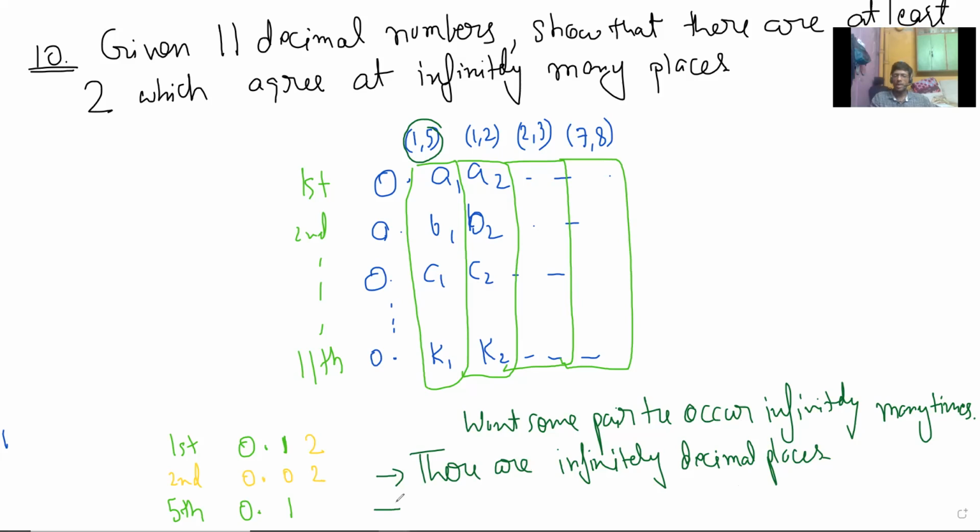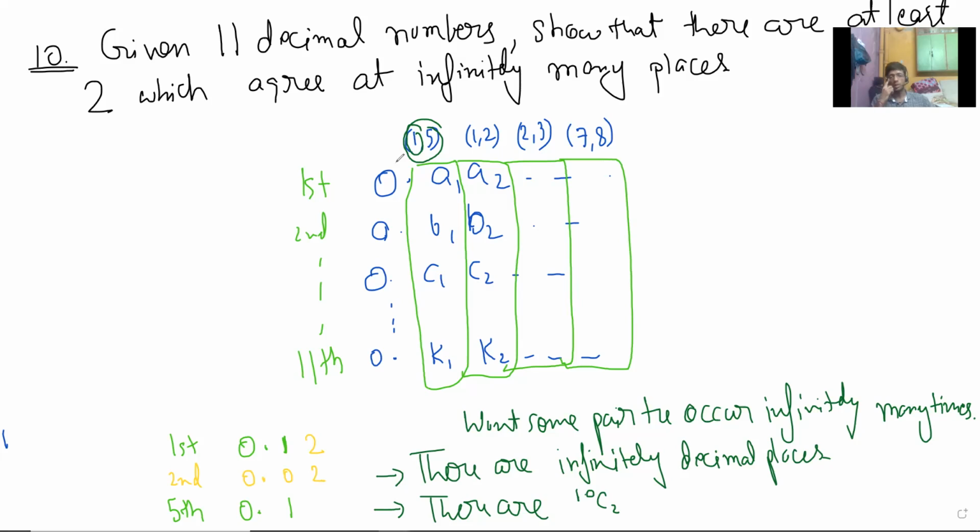And how many possible pairs are there? There are finitely many. We can even just say that it's 11 choose 2, if you know this notation.